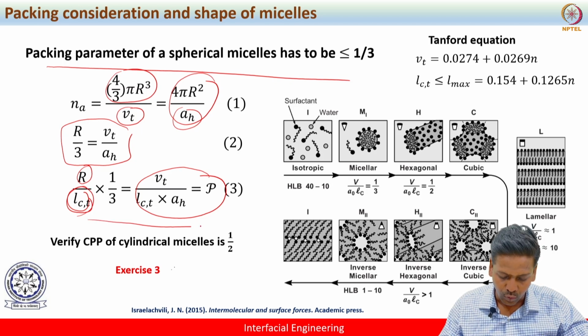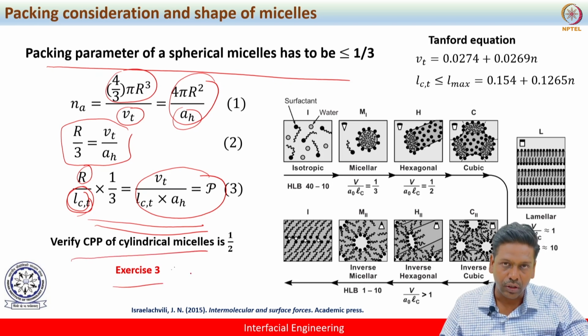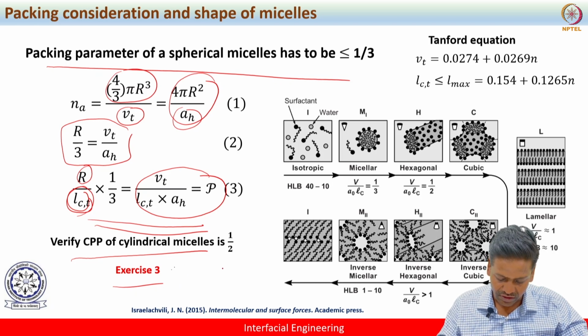So one can say surely that the packing factor will always be less than or equal to 1/3. A similar exercise you can do yourself for cylindrical micelles. You can check that this is 1/2.